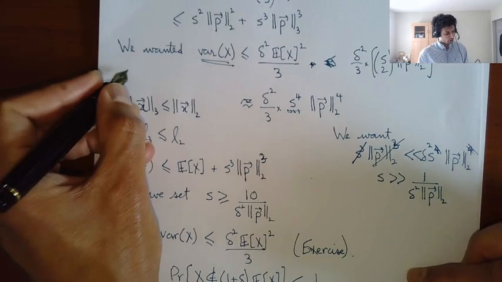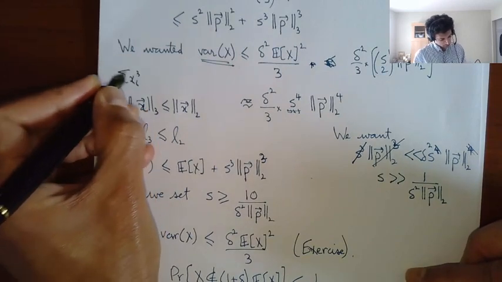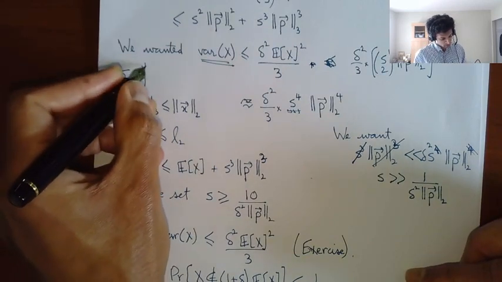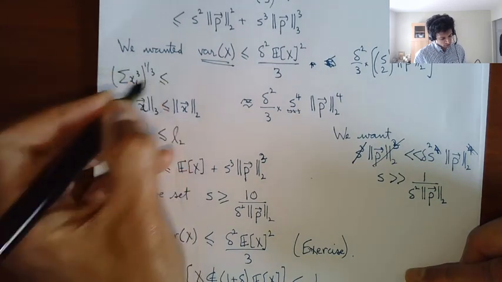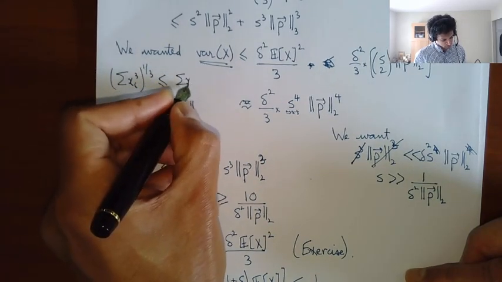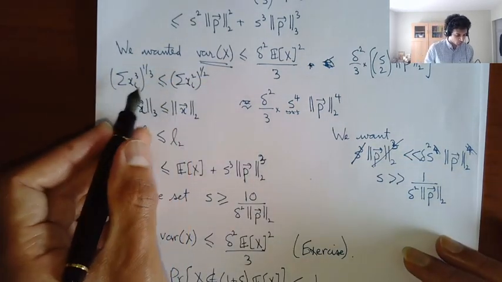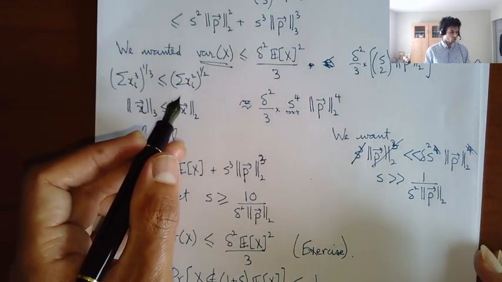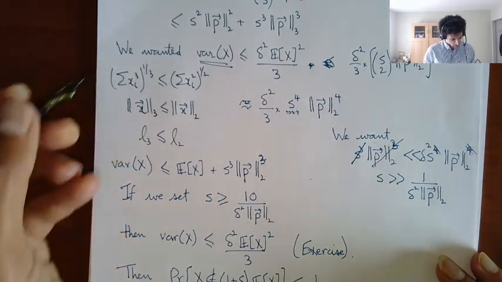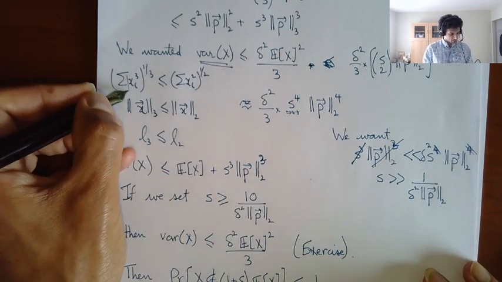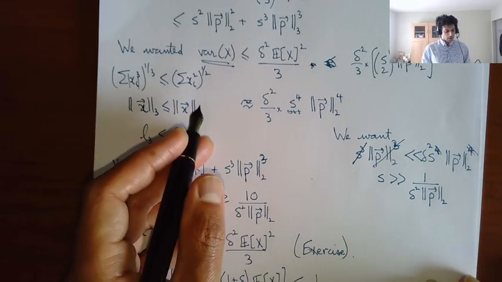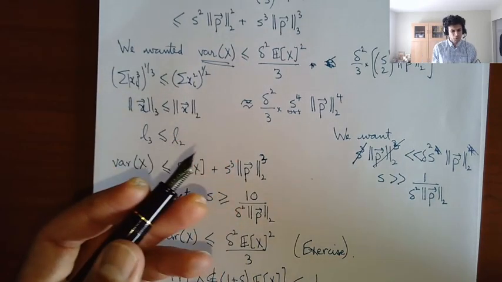This is the summation of xi cubed to the 1/3, and this is the summation of xi squared to the 1/2. So you want to prove this inequality is true for all positive x, because you'll take an absolute value over there.